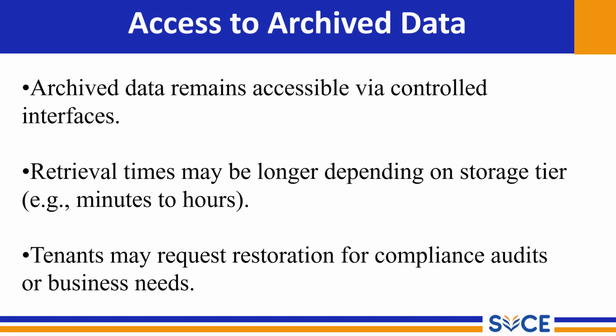Next is access to archive data. Archive data remains accessible via controlled interfaces. They use APIs, because two servers or two virtual private clouds can communicate through interfaces or gateways. Second, retrieval times may be longer depending on the storage type, for example minutes to hours.